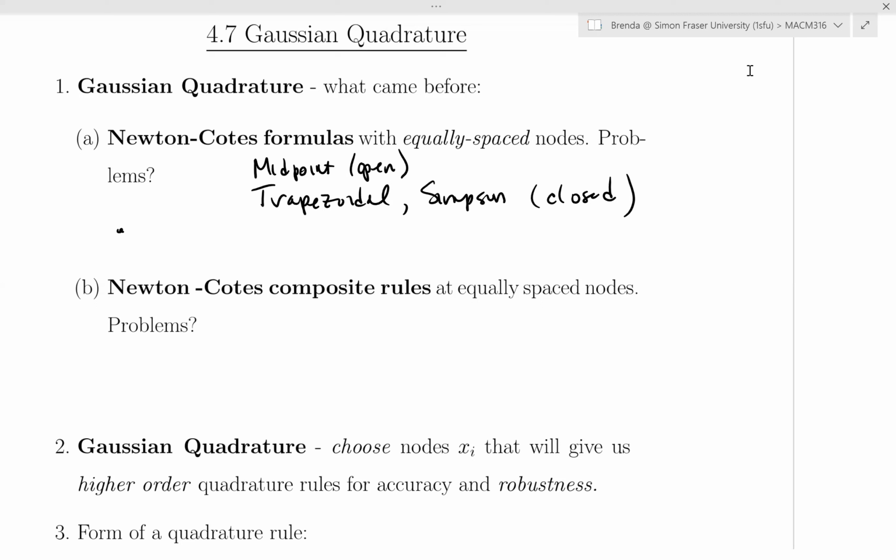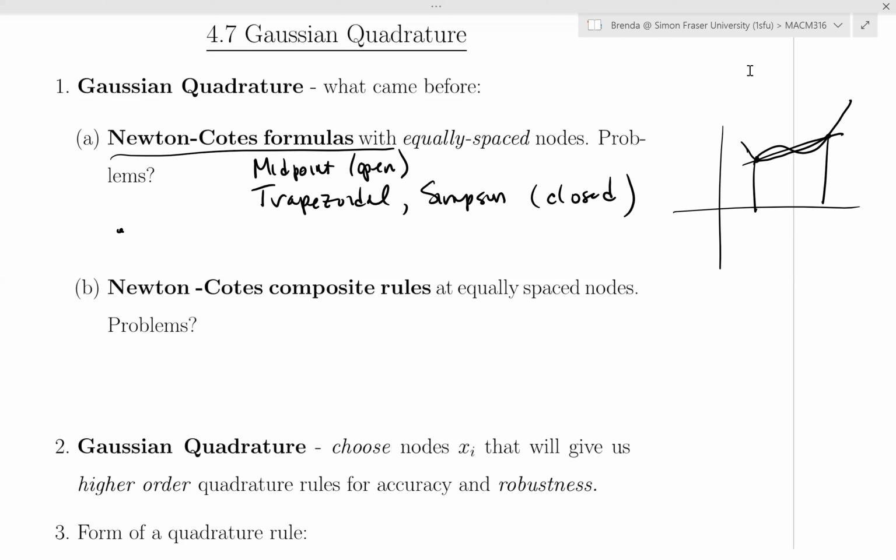So if I'm going to use the non-composite trapezoidal or Simpson's rule, I've got my function, and I use the trapezoidal rule, and then I want to do better than that. So I use Simpson's rule, I put a quadratic. Now what would I possibly do next? I interpolated with a linear interpolant, then with a quadratic, a 2-point, 3-point interpolant, then what would I do? Yeah, exactly, and what would be the problem?